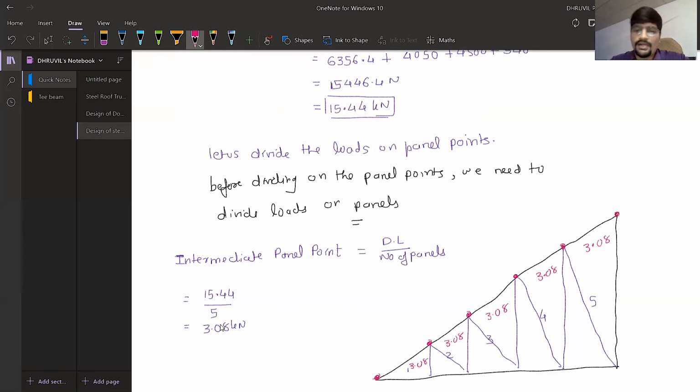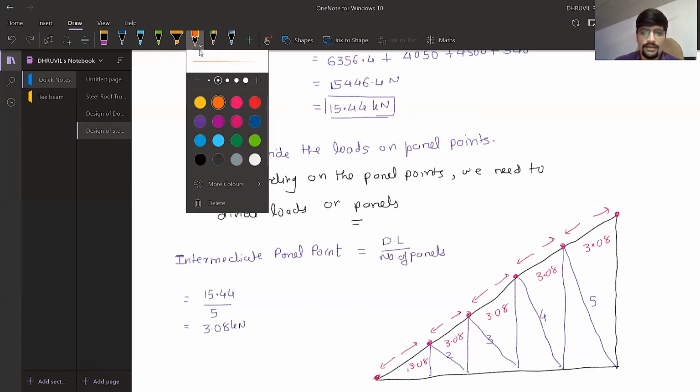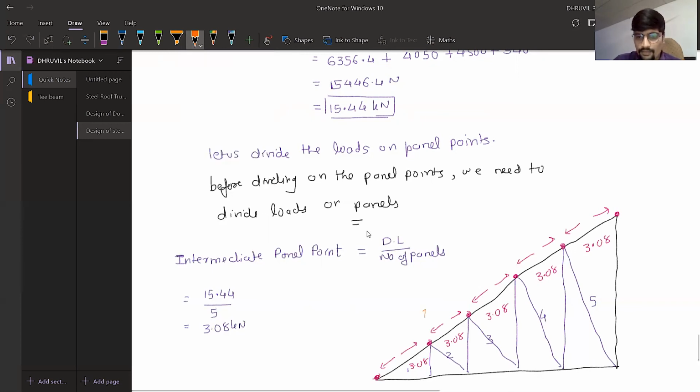Each element transfers its load equally, so the panel will transfer this load half to one point and half to the other.